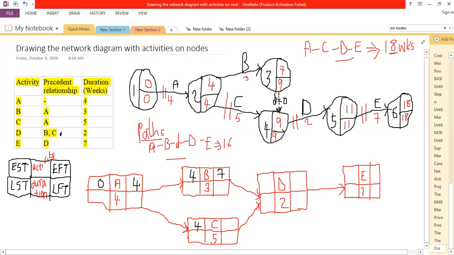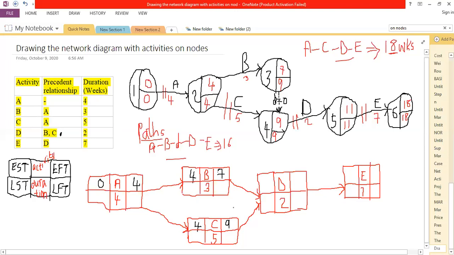How about C? The earliest that we can start C is at 4 weeks. It's going to take us 5 weeks. So the earliest that we can finish that should be 9 weeks. I've taken 4 and added 5, giving me 9 weeks. Okay, now D depends on both B and C. Predecessors of D were both B and C, meaning the earliest that we can start D should be the longest amount of time that any one of these two activities has taken.